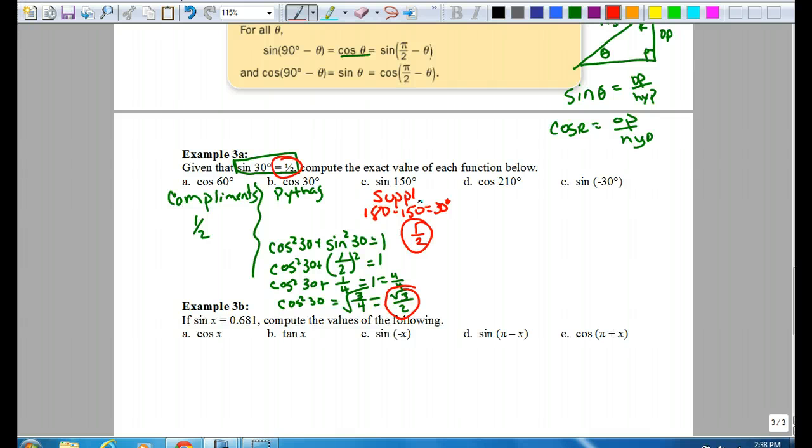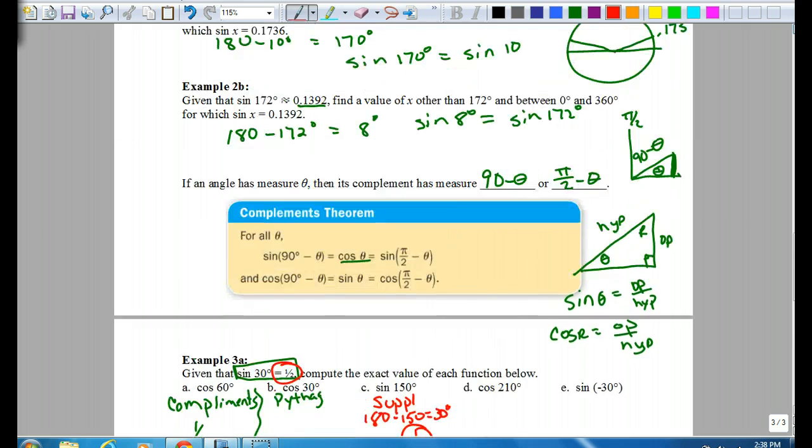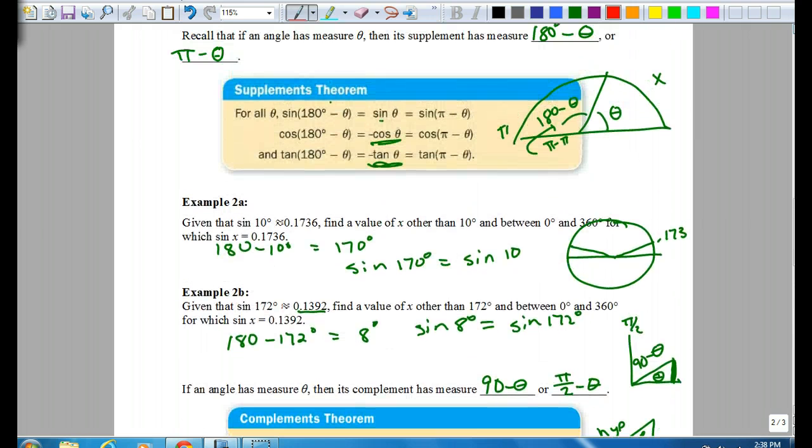No, but that doesn't make sense. Okay, you take 180 minus 150, and you get 30. Mm-hmm. And because it told us that sine 30 is 1/2, then it's 1/2. Well, remember, go back to the supplements theorem. What does it say? It says, for all theta, sine of 180 minus theta equals sine theta, equals sine of pi minus theta.